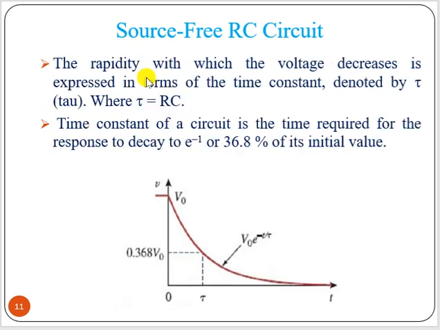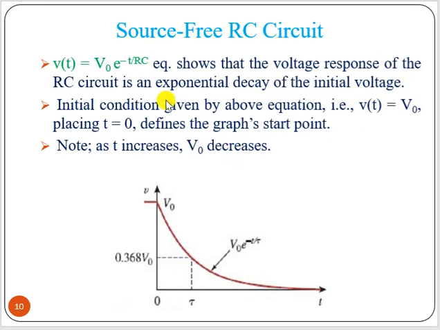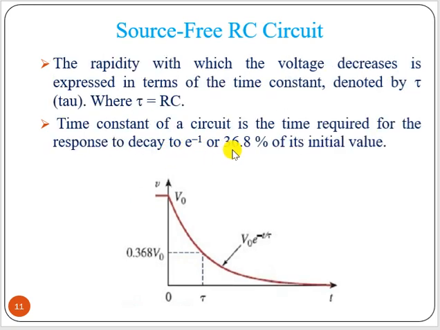Now if we put t equal to tau, tau will cancel out, giving e to the minus 1. The value of e to the power minus 1 is almost 36.8% or 0.368. That means at t equal to tau, V0 goes down to 36.8% of its initial value.